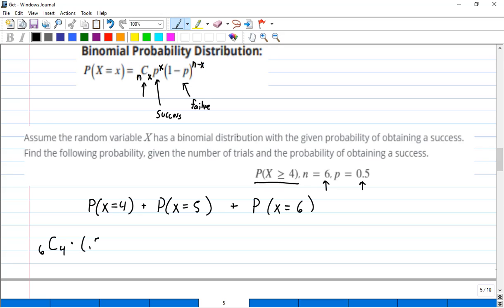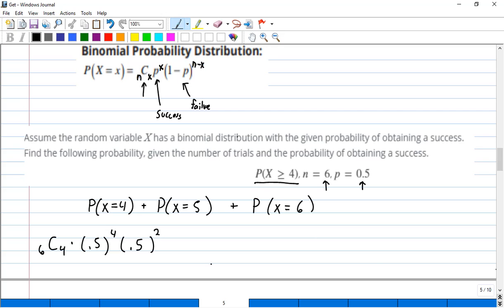So it's going to be 0.5 to the x power, and we know that x equals 4 for the first problem. Alright, and then we have 1 minus 0.5. What's 1 minus 0.5? Just 0.5, right? So it's going to be 0.5 to the n minus x power. So 6 minus 4 power, or second power.